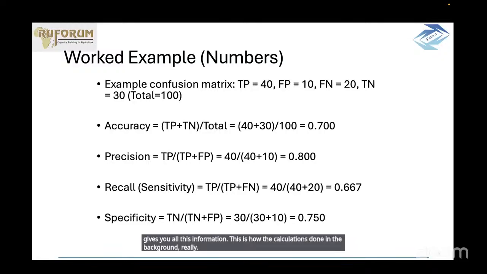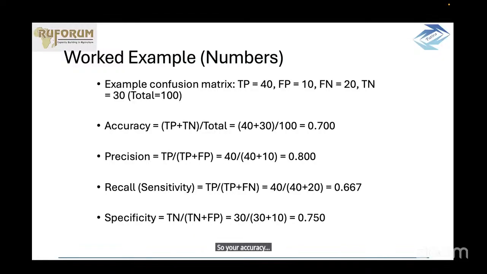So your accuracy is your true positive, which is 40, plus your true negative, which is 30, divided by the total, which is 100. So your accuracy is 0.7. And your precision is your true positive divided by true positive plus false positive, which is 40 divided by 40 plus 10, which is 50, so 0.8.